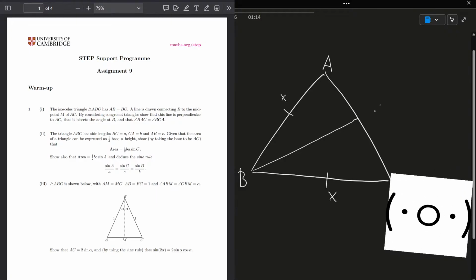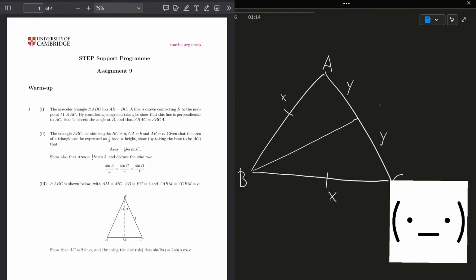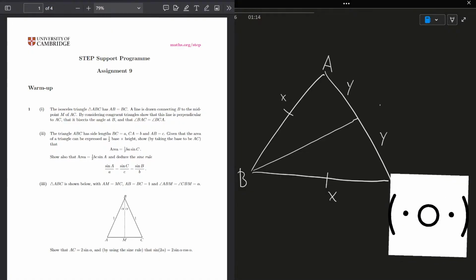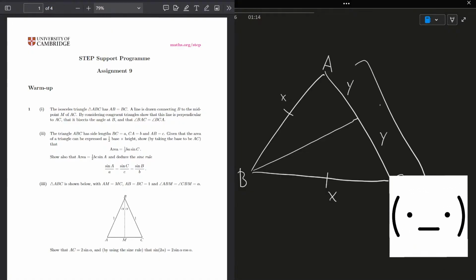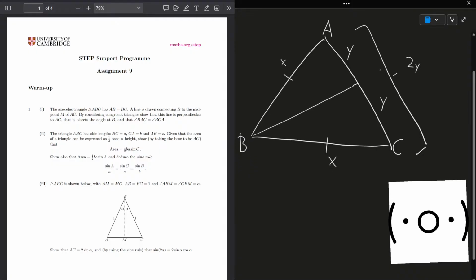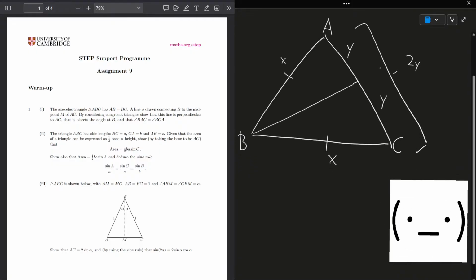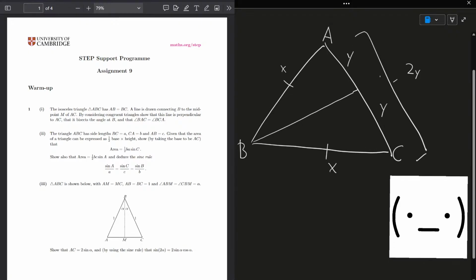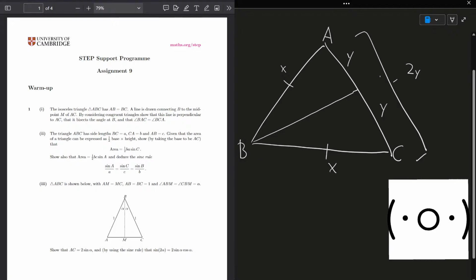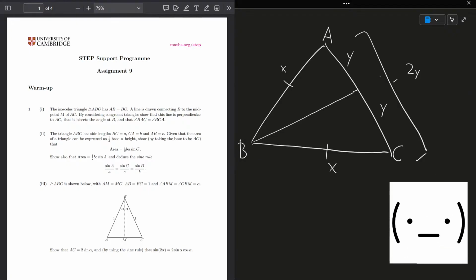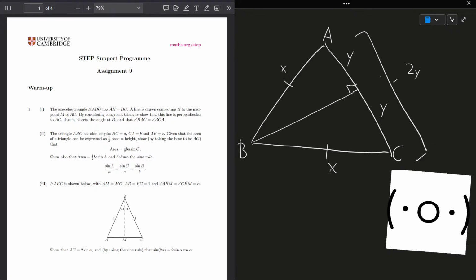This entire thing is y. Actually, no, we'll say it's 2y. The entire thing is 2y. And so each of these is y. And so therefore, first we need to show that this line is perpendicular to AC.